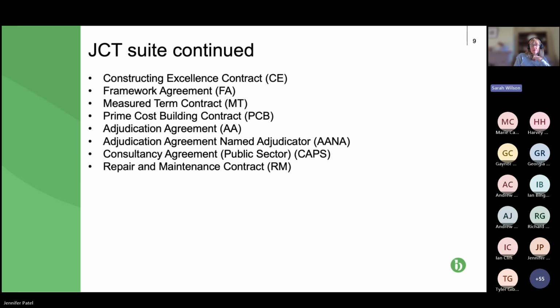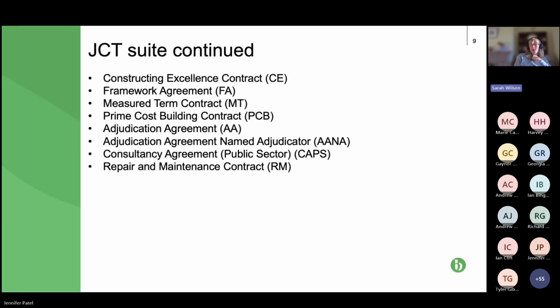We've got a prime cost building contract where work is done at cost by a contractor, and then a form of fee percentage is added to cover overhead, profit, etc. Couple of adjudication agreements, which we don't need to consider too much. And then we have the consultants agreement for the public sector, and we have a repair and maintenance contract.